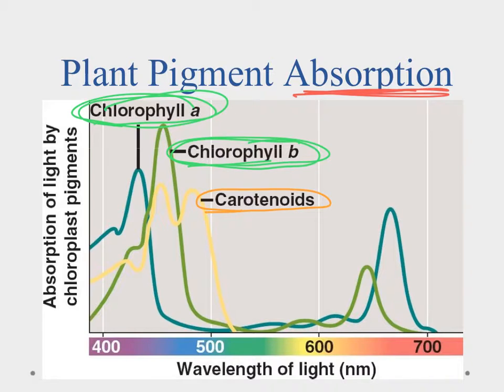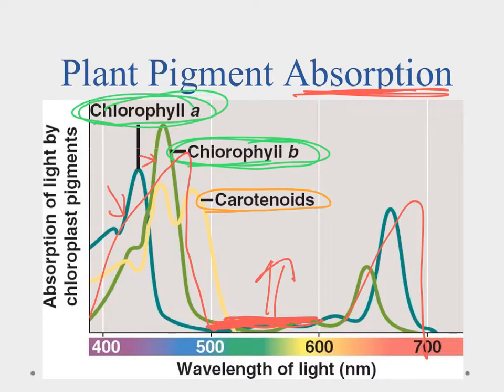These lines right here show us the absorption. So at what wavelengths are they absorbing more energy? If we look at our chlorophylls, they're absorbing a lot down in here, and they're picking up a lot in here, and they're not picking up much through here. The light that it's not picking up is what's being reflected back out. Our eyes over here are looking at the plants, and what we see is this light coming off, and that's why the plant appears to be green.